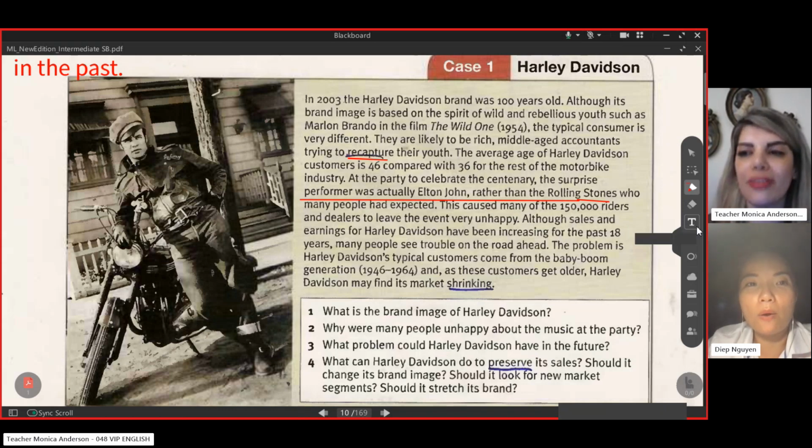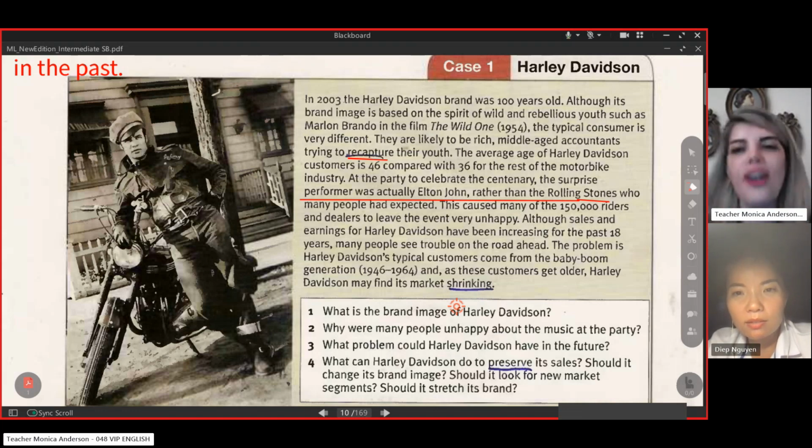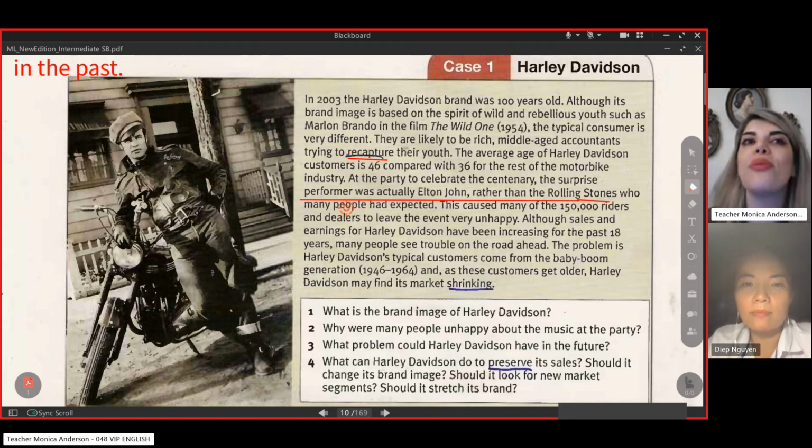It expresses how I know the meaning of this sentence. I think many people were unhappy about the music at the party because they didn't meet the singer they expected. Of course. Actually, people expected the Rolling Stones, but the performer was Elton John. So people were not happy.